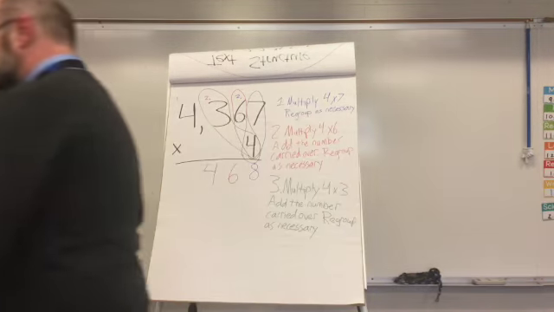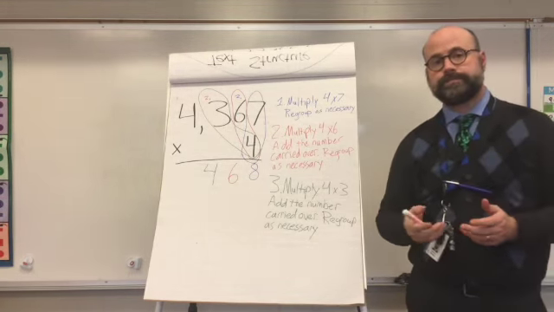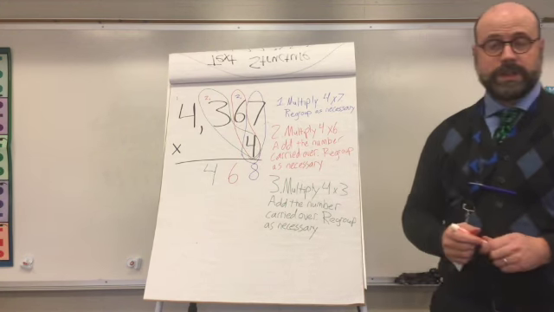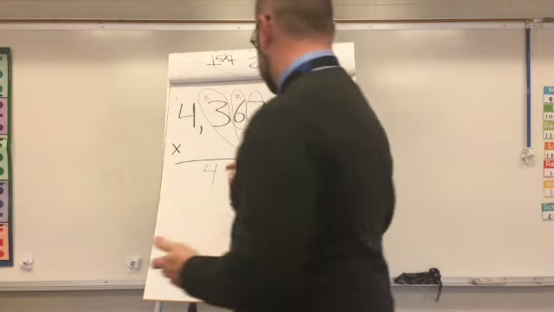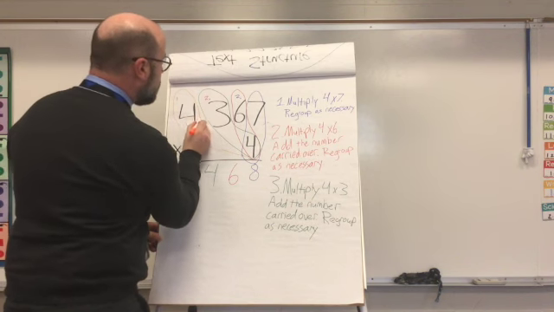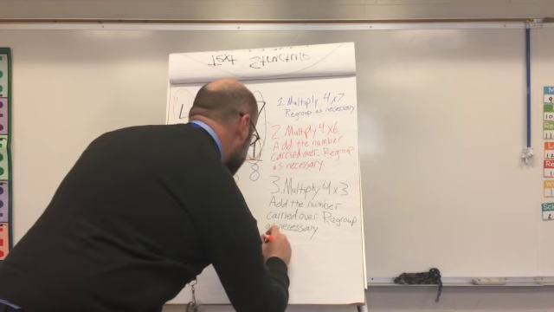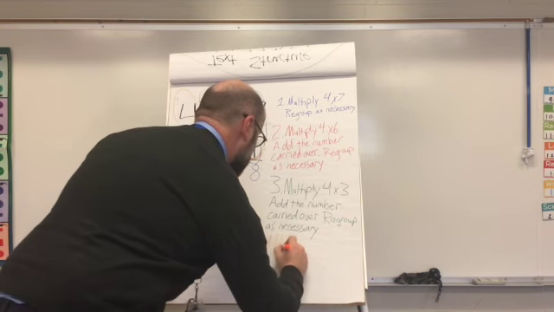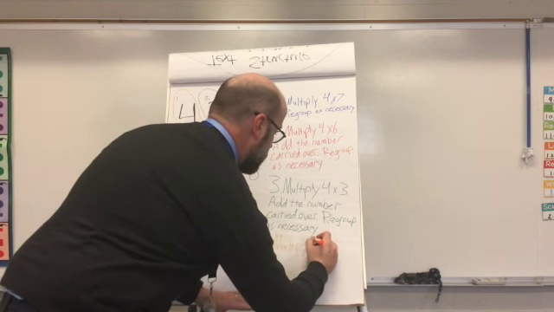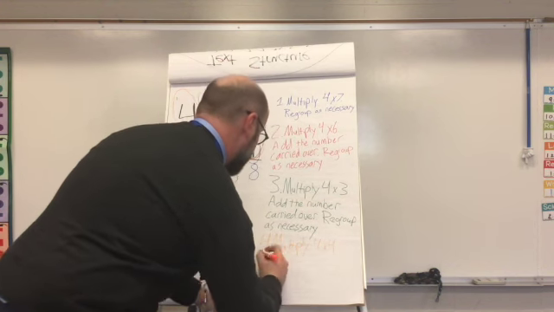All right, and our last step is going to be what? Our last step is going to be same as we've been doing. Hope you guys can see that orange okay. Multiply 4 times 4, add the number carried over.